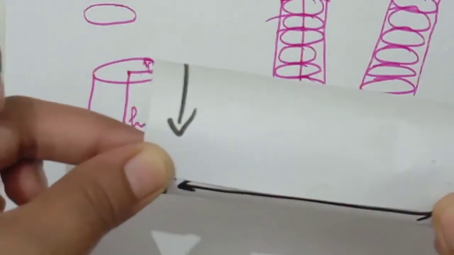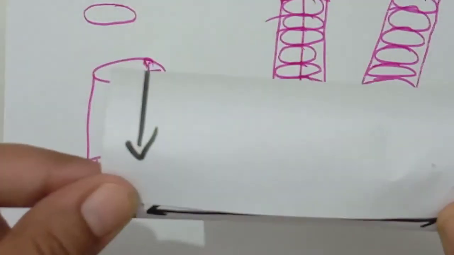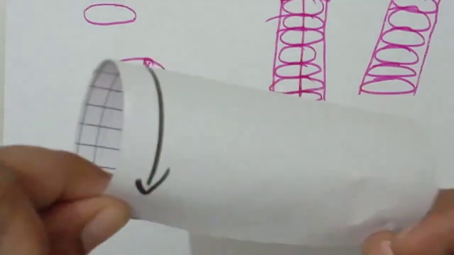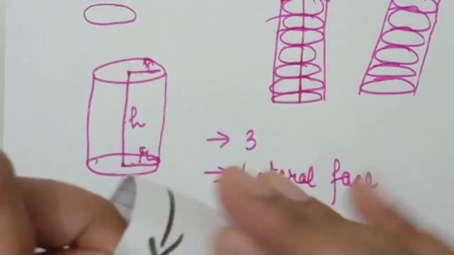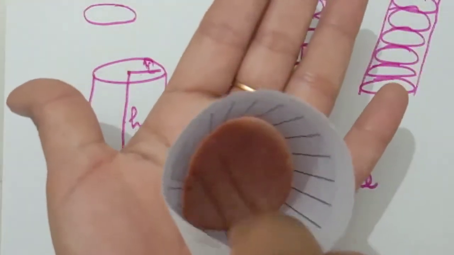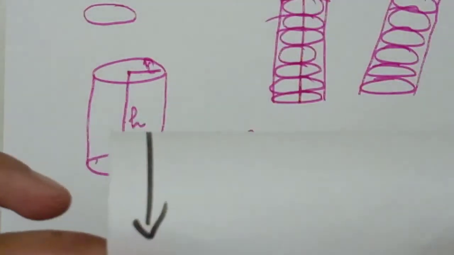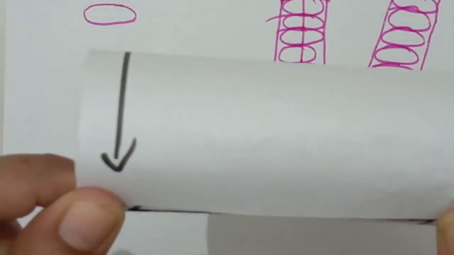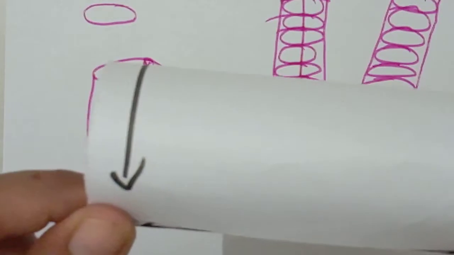So students, you remember in the first lecture I explained the difference between lateral surface area and curved surface area. This is the lateral surface of the cylinder, because when we put it here, I already explained to you what the lateral face is. Those faces that touch the base of the given figure are called the lateral faces.